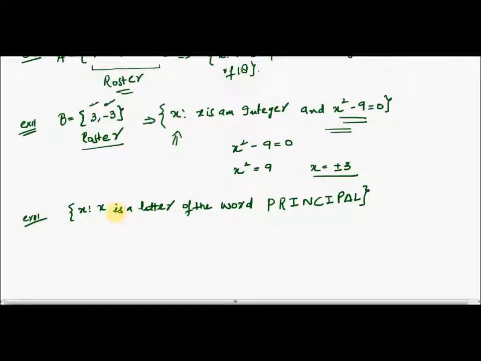Now a roster form can simply be written like this. We can write simply P, R, I, N, C, I, P, A, L. But this is not actually correct. Now why? Because I have already told you in my previous video that in a roster form we don't repeat the elements.